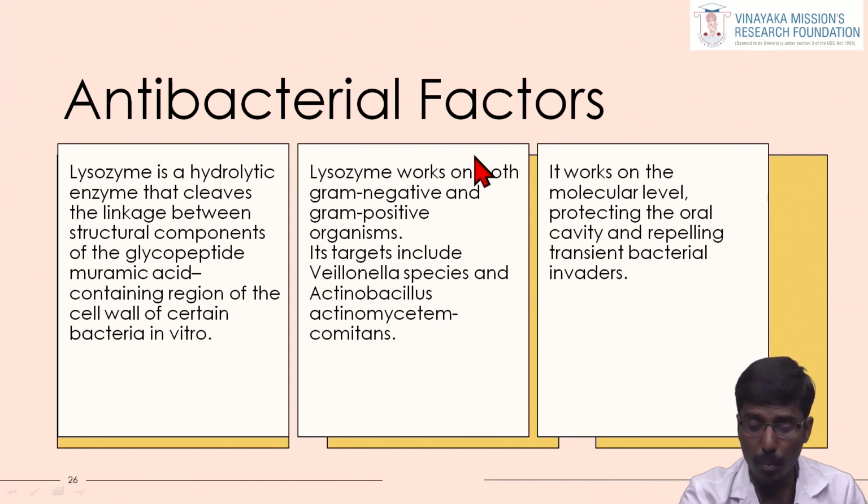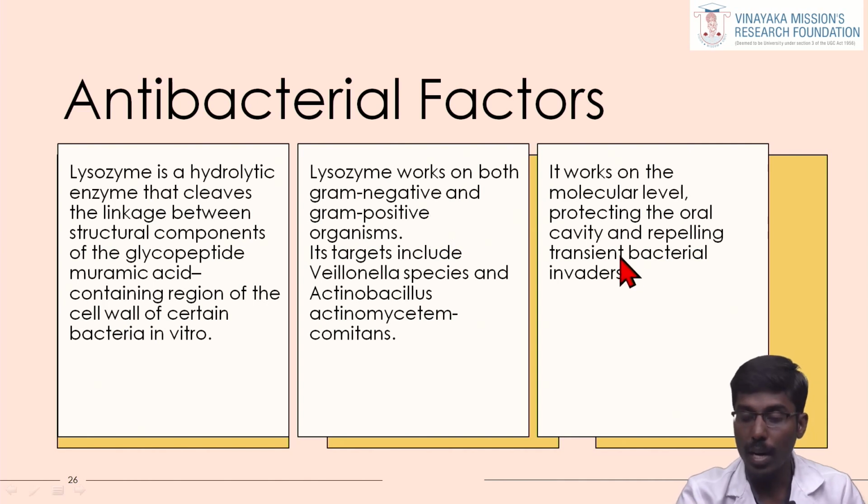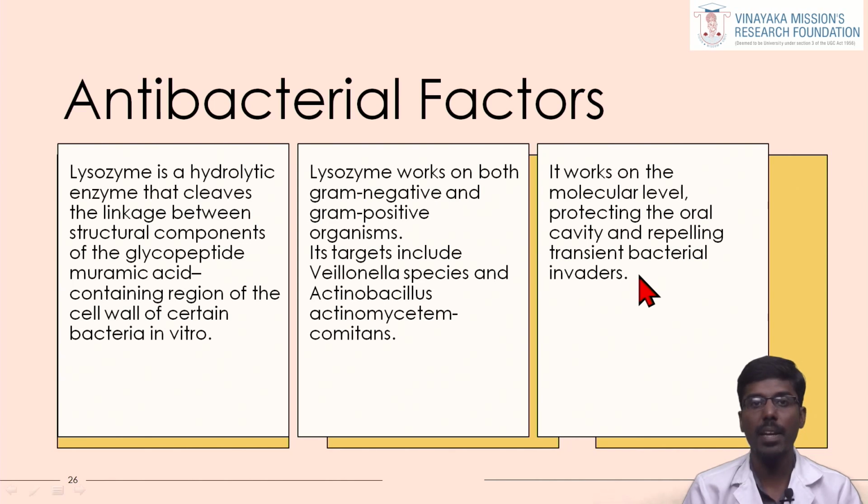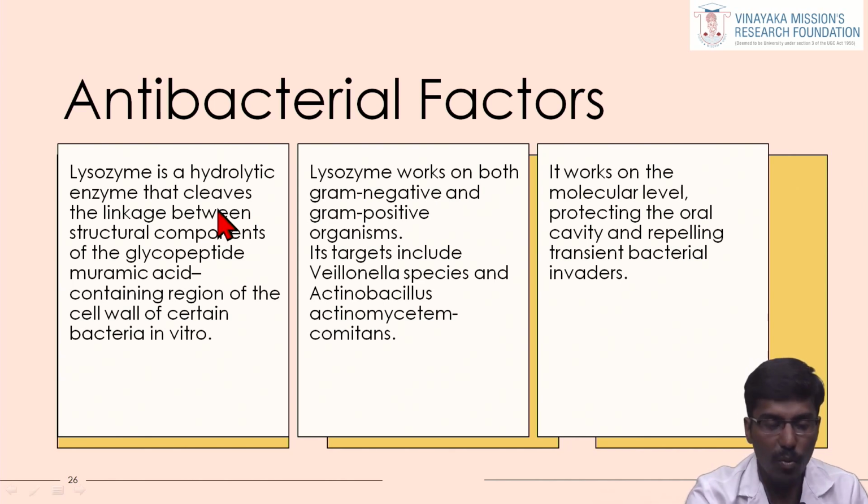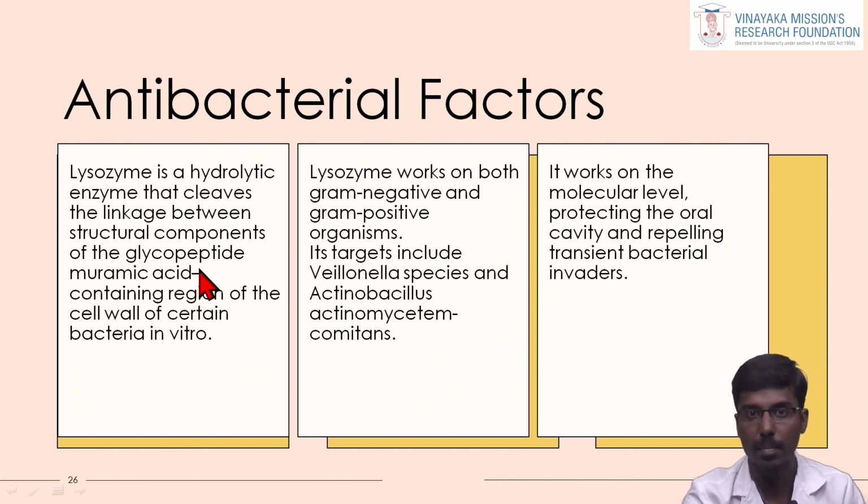This enzyme works on both the gram-negative and positive organisms. It also repels the transient bacterial invaders. The main mechanism behind this action is that it cleaves the linkage between the structural component of the glycoprotein and the muramic acid. This is the main mechanism that acts as the antibacterial property.